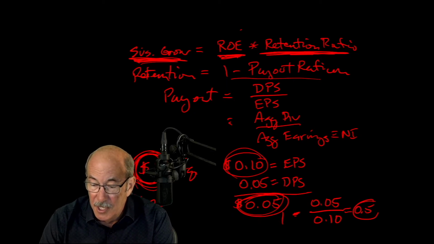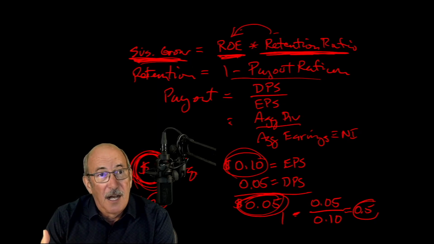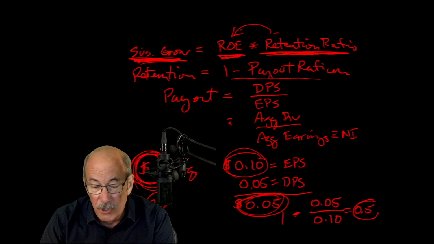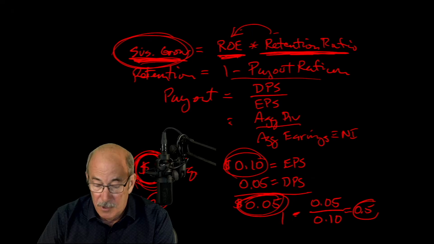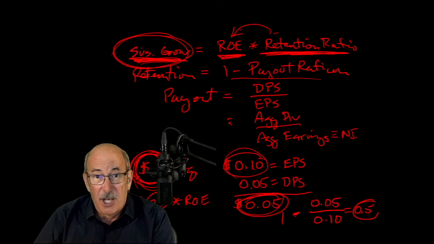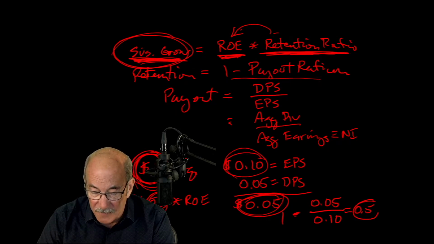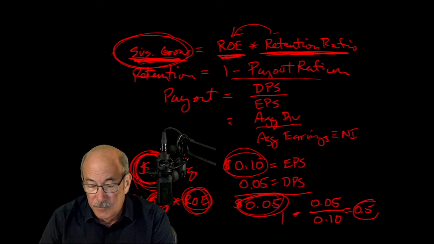Then that 5 cents, times how much return I get on each dollar I have invested, that's our ROE, tells me how fast the company can grow. At the end of next year, I'm going to have $1.05 times the ROE. So that 5 cents times that ROE is how quickly the company grows. You can think of it that way.